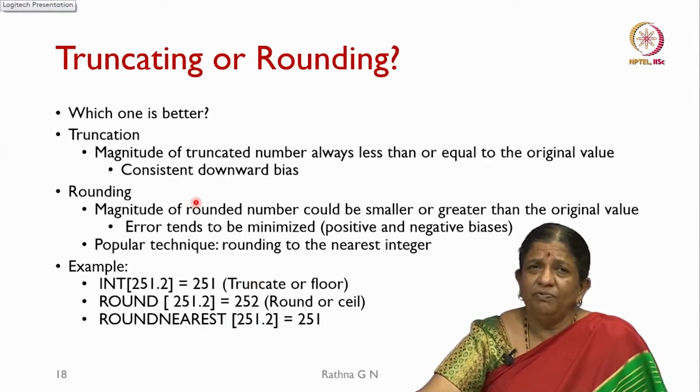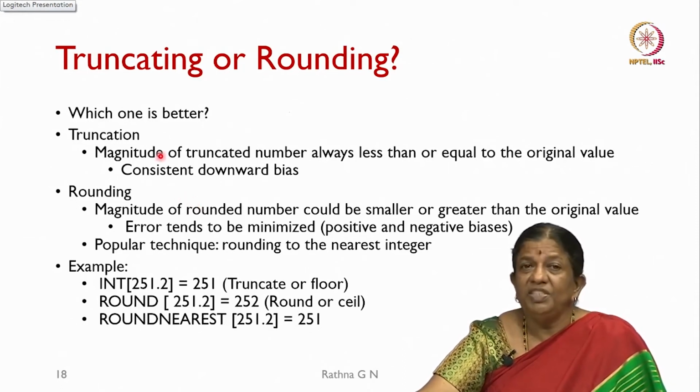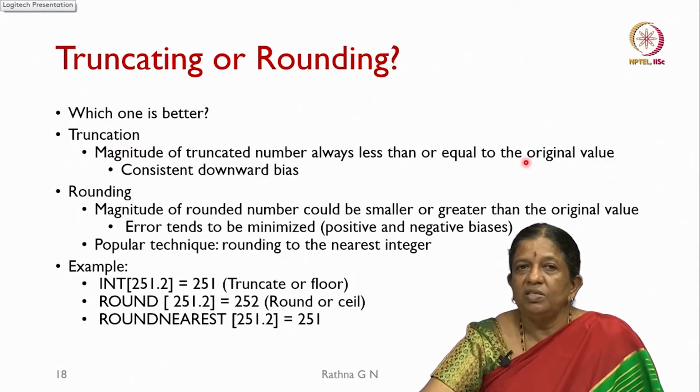So, whether you want to go for truncation or rounding, which one is better? Let us see what happens with truncation. In this case the magnitude of the truncated number is always less than or equal to the original value. So, we will see a consistent downward bias.